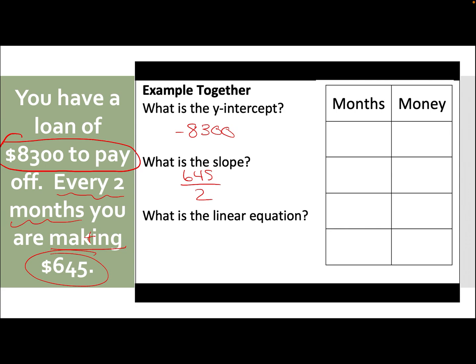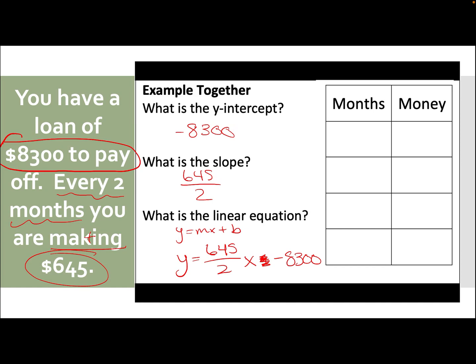And my linear equation, remember we have y equals mx plus b. M being my slope, so 645 over 2x plus, and then my y-intercept. So we know this isn't going to be a plus. It's going to be a negative 8300. Sorry, my eraser isn't working, so I'm just going to have to scratch that out.